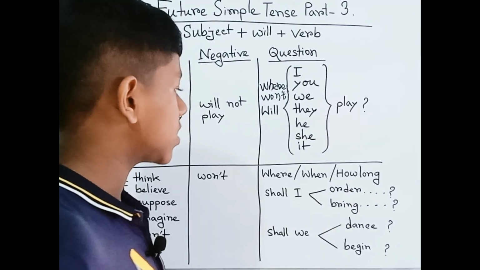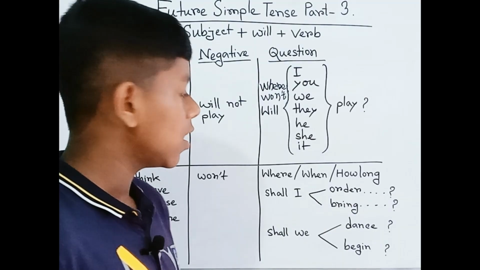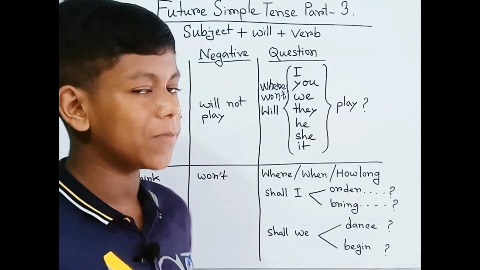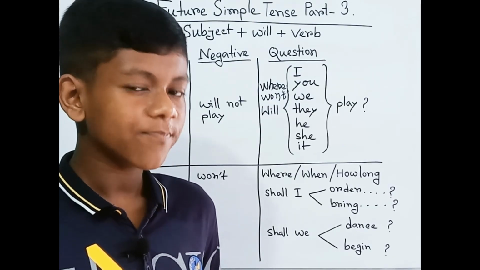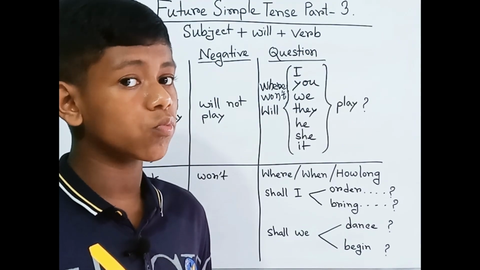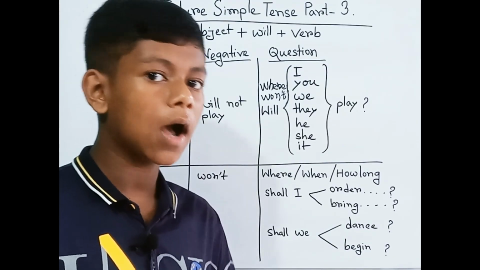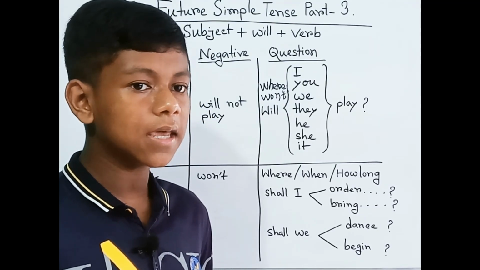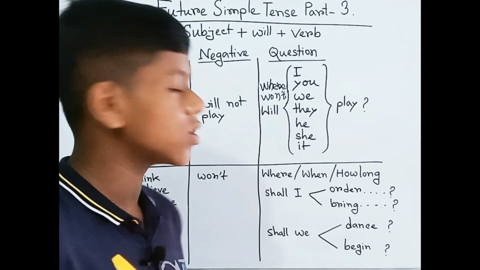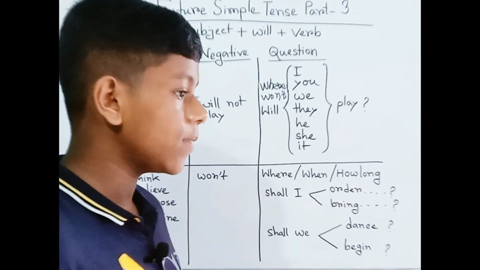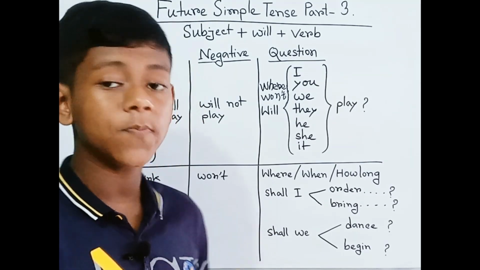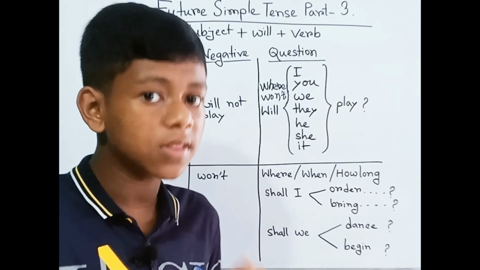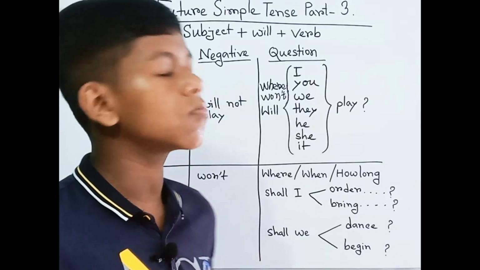You can also use how long won't you play? And what, how, how won't you play? There are more WH questions. I have just written this to make you understand, because if you understand some WH questions, then you can make many types of them.